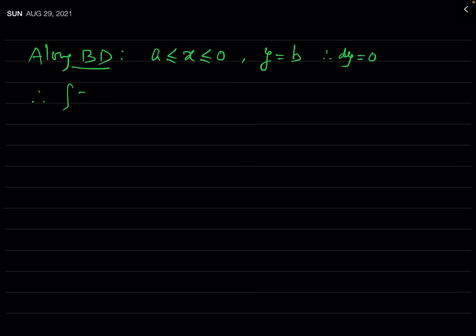Therefore, the integral of f dot dr along BD will be equal to the integral of x square minus b square, since y is b, dx, and the limits are actually a and 0. You can see the lower limit for x is a and the upper limit is 0 here. Mark this. Now we will try to evaluate this integral.